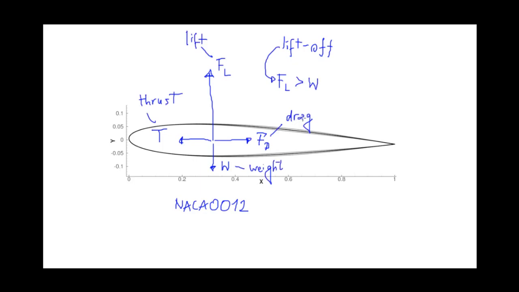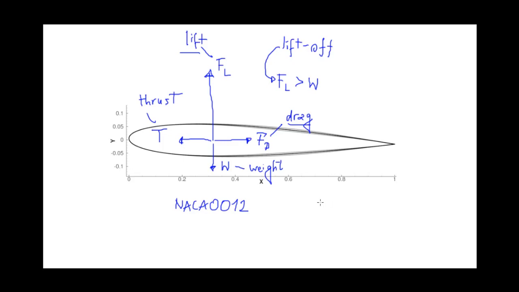Okay, these two forces, drag and lift, both depend on the airflow around the airfoil. Here, of course, we are talking about flight at subsonic speeds, because for flight at the speed of sound, supersonic flight and hypersonic flight, the mechanism behind the airflow is different.